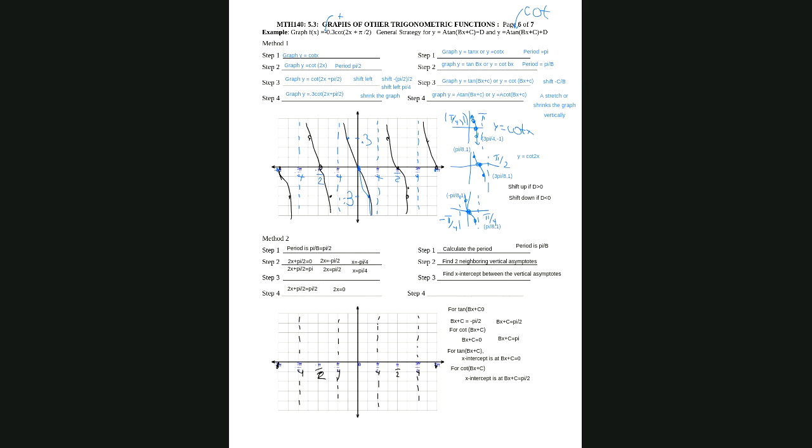And so that tells me x equals 0. So I have an x-intercept at the point x equals 0. I'm going to go ahead and plot that right here. And then the next step, well, first you're going to plot the asymptotes and intercept, x-intercept.